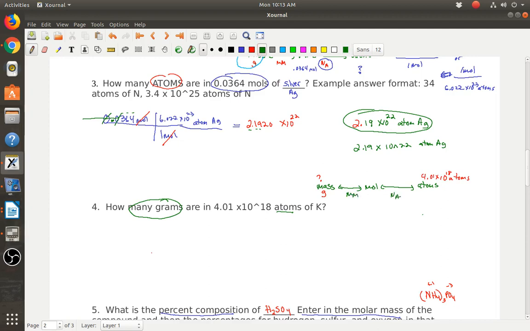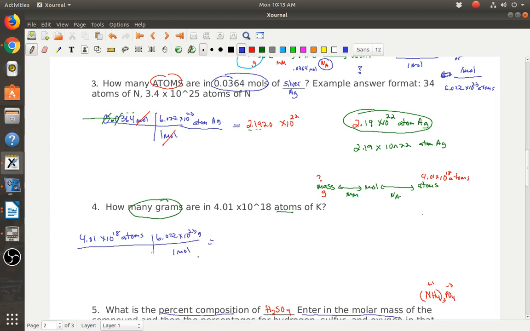All right, so to go from atoms to mass, I can't go straight there. This happened a good bit. People said something like this, 4.01 times 10 to the 18th atoms, and we wanted grams, and so they said there are 6.022 times 10 to the 23rd grams in 1 mole.